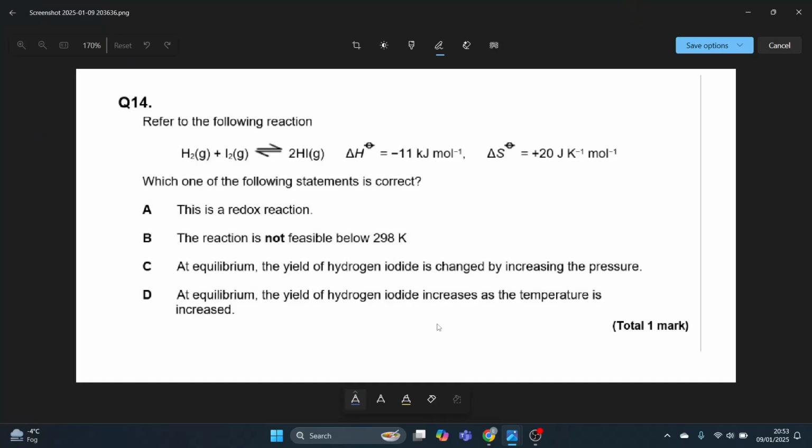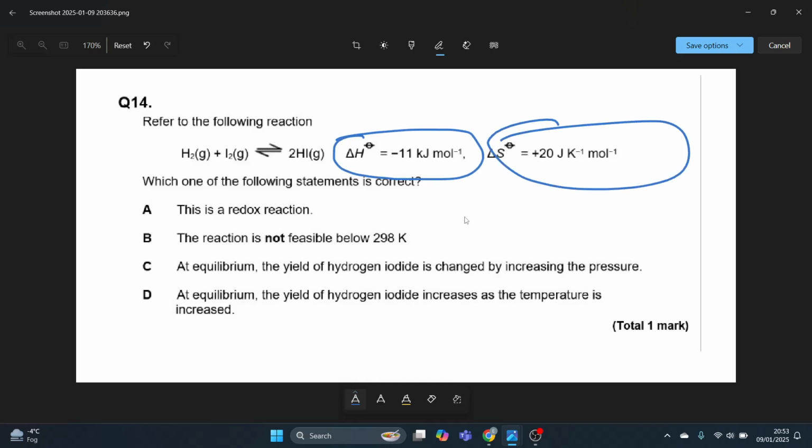Question 14 refers to the following reaction. Which one of the following statements is correct? This is a redox reaction. I'm not sure about that, so let's move on to B, C, and D. Let's see if we can eliminate some, and then we'll move back onto that. The reaction is not feasible below 298 Kelvin. Well, delta H is negative, delta S is positive.